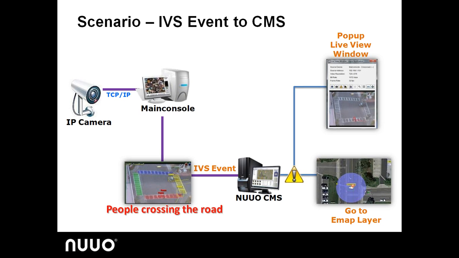So when the main console sends an alarm by IBS event to the NUUO CMS system, the CMS client will pop out the live view window of the channel which has the alarm happening. Also, it will go to the channel's event layer automatically.